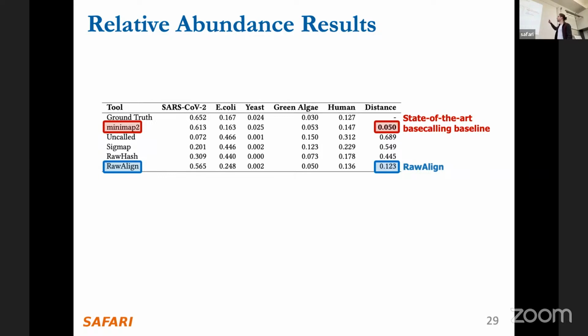Clearly, it still works worse than the base call pipeline. We're still less accurate, but that's okay. We at least did so without needing a huge deep neural network to do base calling, and these tools are also much less engineered at this point than Minimap2 is. That's been out for years.